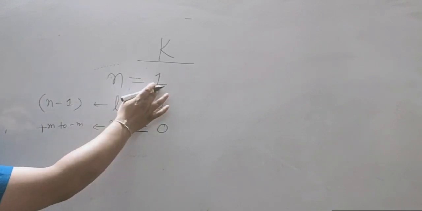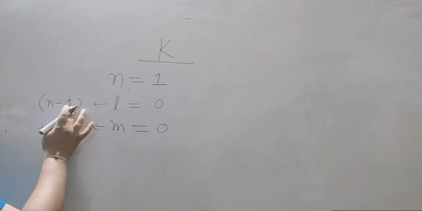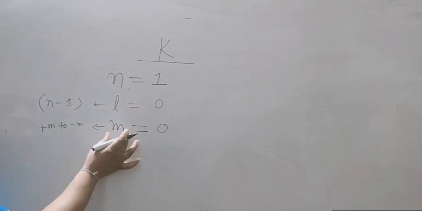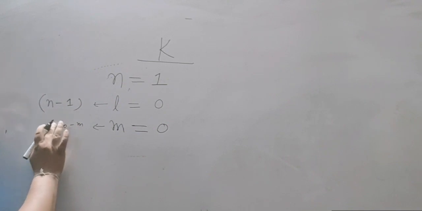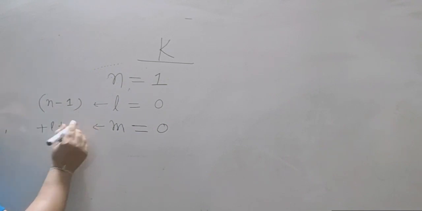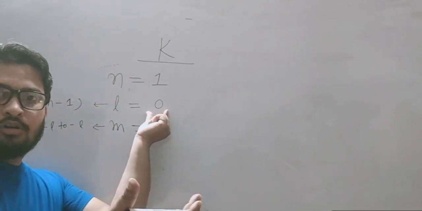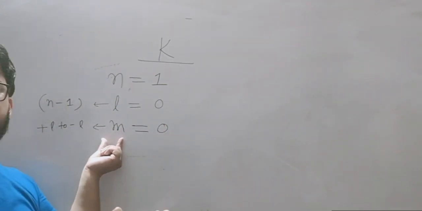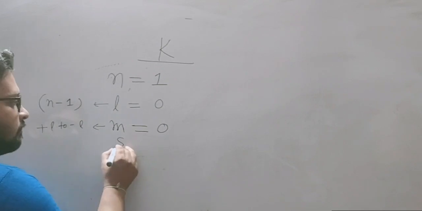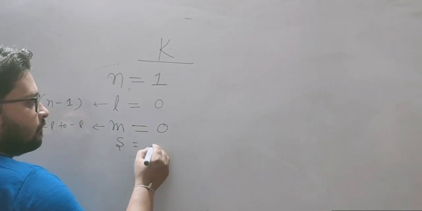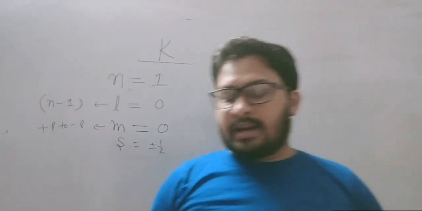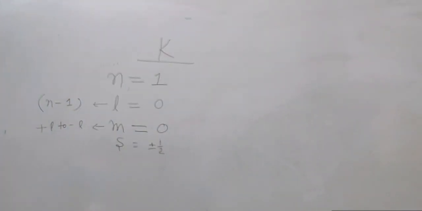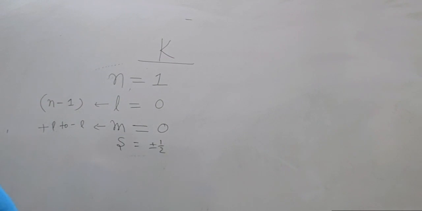The value of n is equal to 1, so 1 minus 1 is 0, and the value of m depends on plus l to minus l. As the value of l is equal to 0, the value of m is equal to 0, and the spin s is always plus or minus half.